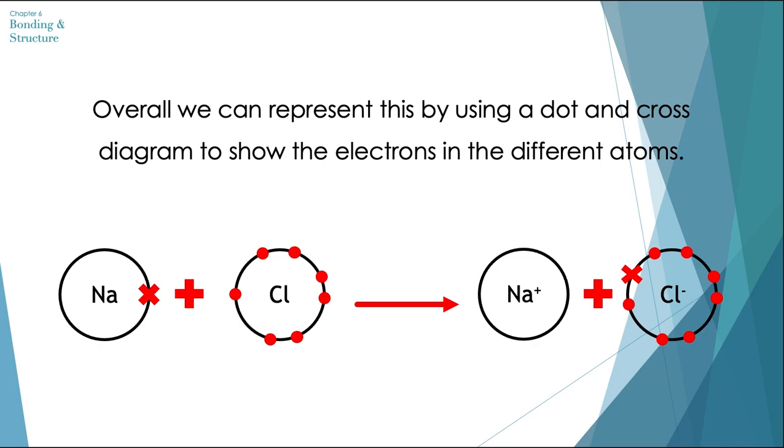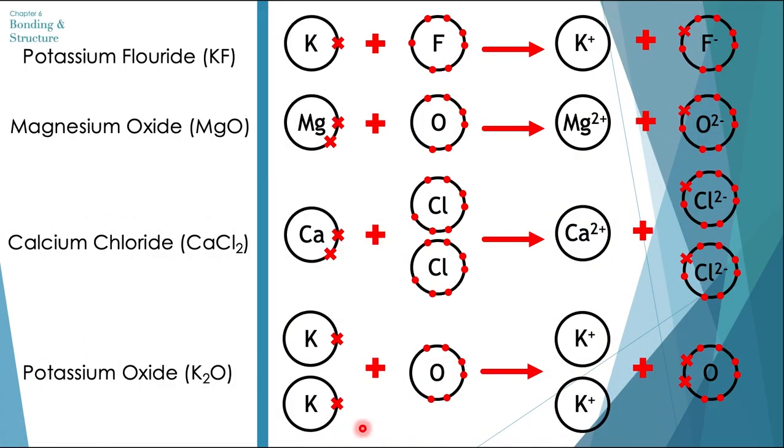Some other ions: potassium fluoride, magnesium oxide, calcium chloride, potassium oxide. So in potassium fluoride, potassium has one extra electron in its outermost shell. Remember, the electron shells can hold up to only 8 electrons.